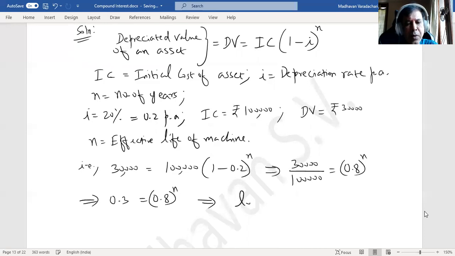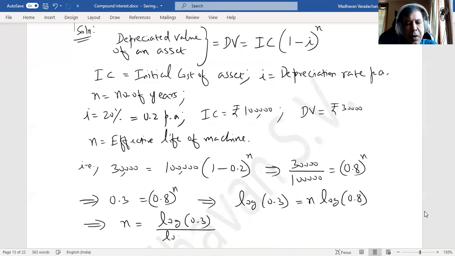Again, taking logarithm on both sides, log of 0.3 is n times log of 0.8, means our n will be logarithm of 0.3 by logarithm of 0.8. Let us calculate these two logarithms.